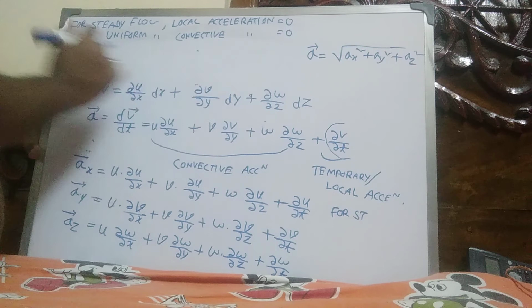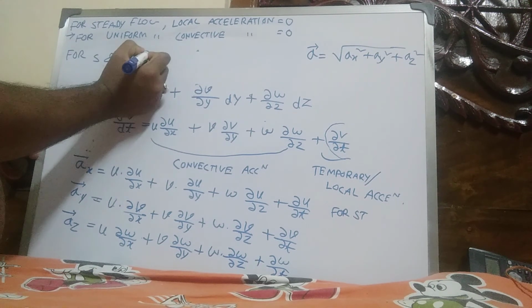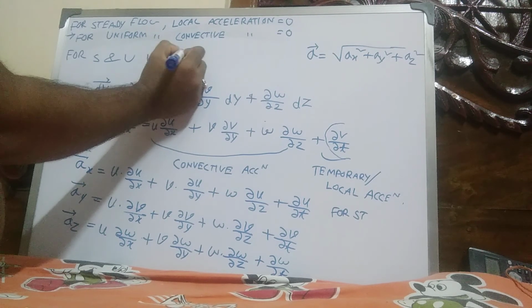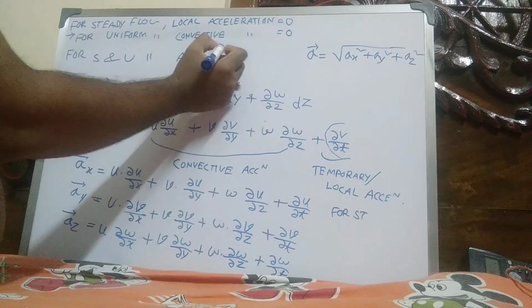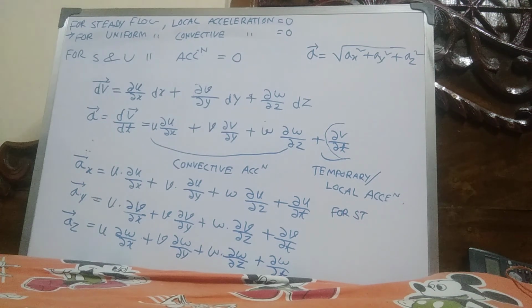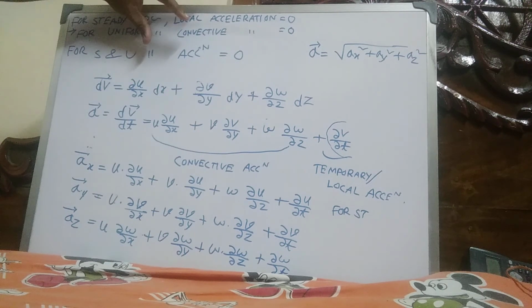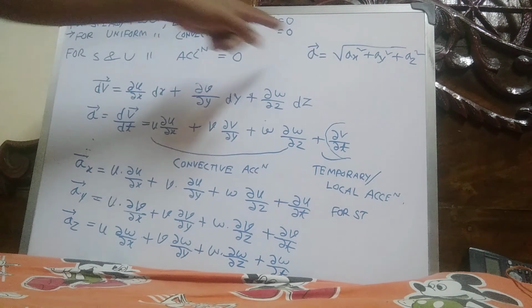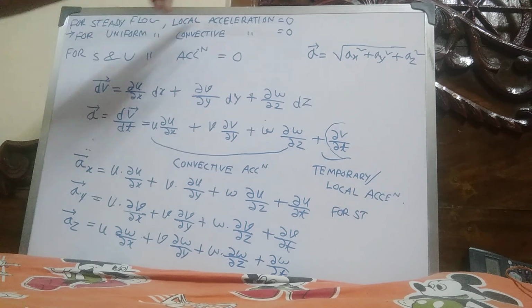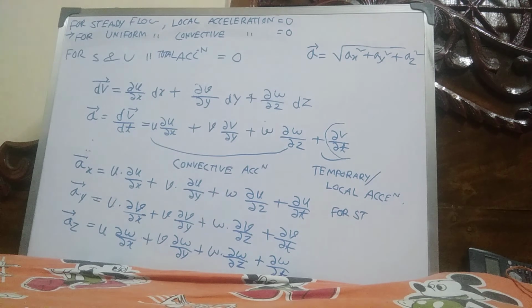For both steady and uniform flow, acceleration of fluid particle equals 0. Understand? These 3 points are very important for any kind of exam. And this is the total acceleration: convective acceleration plus local acceleration. You will write here total acceleration.